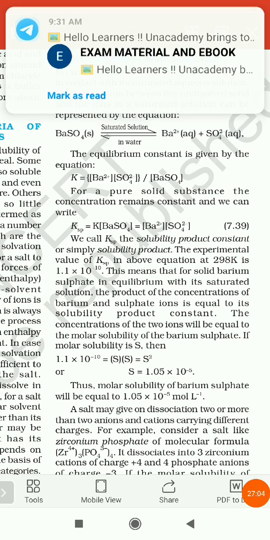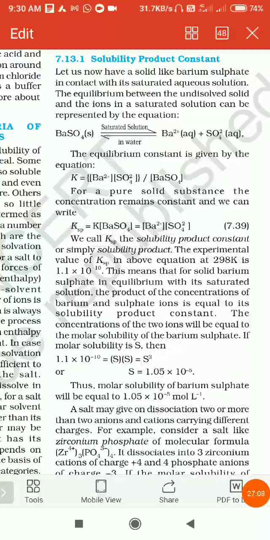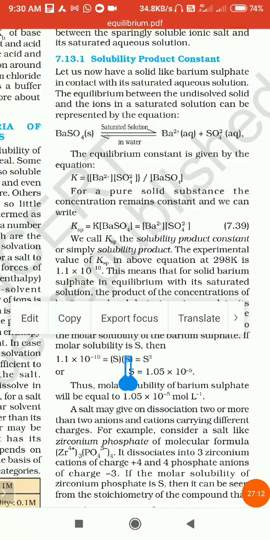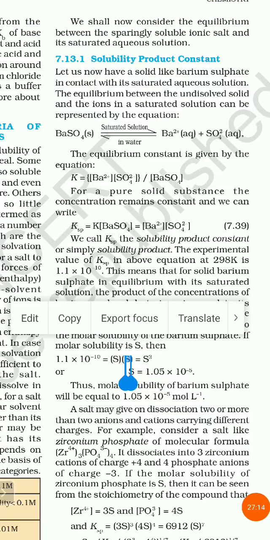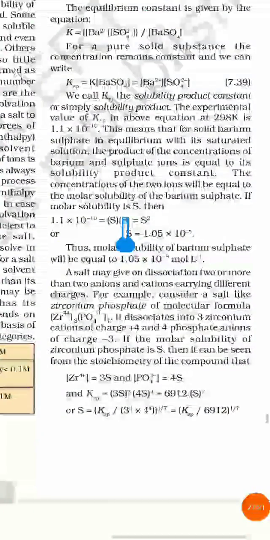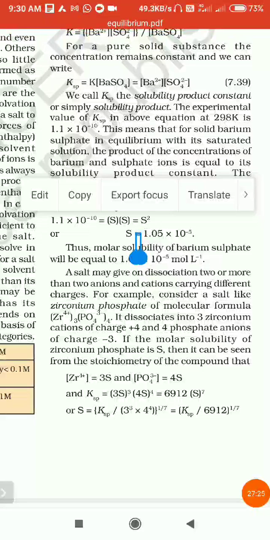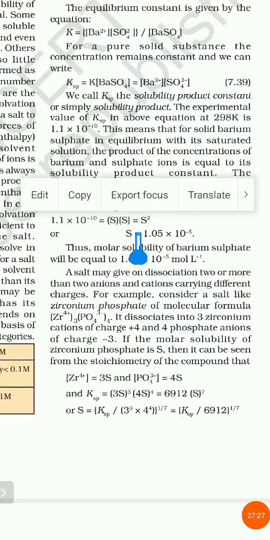Therefore, 1.1 into 10 power minus 10 is equal to S into S. Since there are two ions, we take S square. Therefore, S is equal to 1.05 into 10 power minus 5.